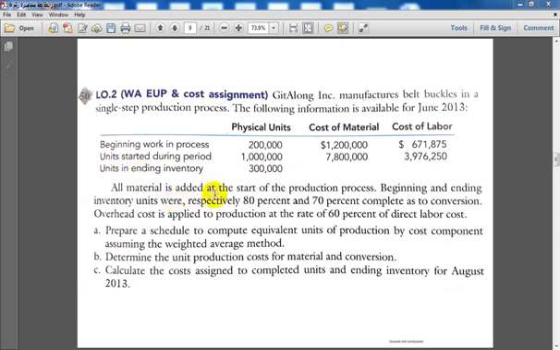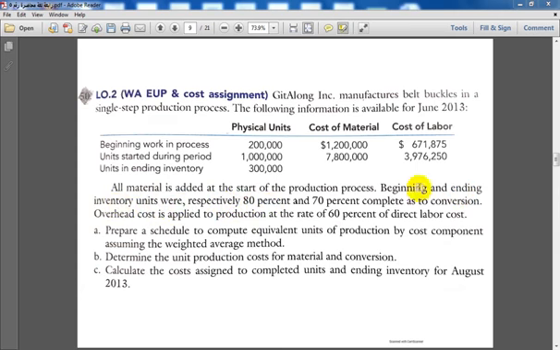All material is added at the start of the production process, so direct material is added at the first of the process. Beginning and ending inventory units were respectively 80% and 70%.